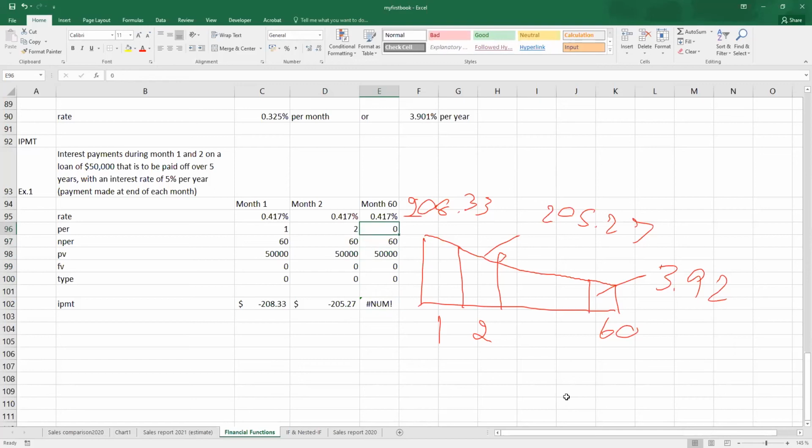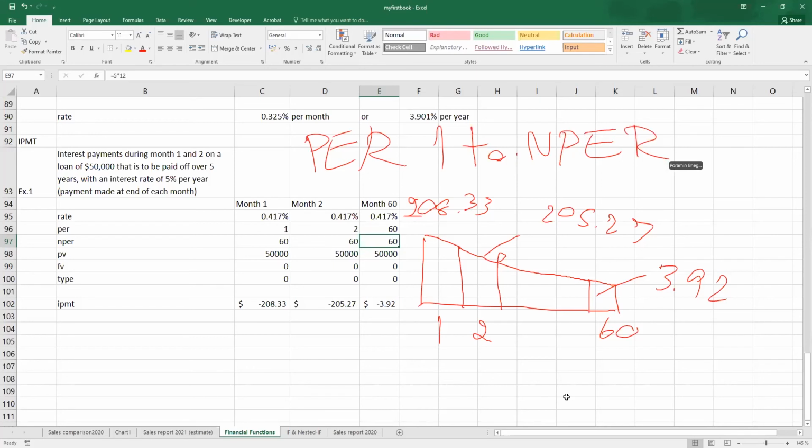So the possible per value is from 1 to NPER. Here NPER is 60, so the possible per value is from 1 to 60.